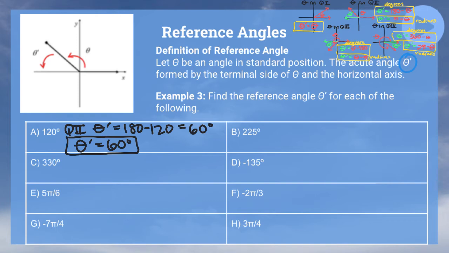And then let's look at the next one. So we have 225 degrees, and 225 falls in quadrant 3.